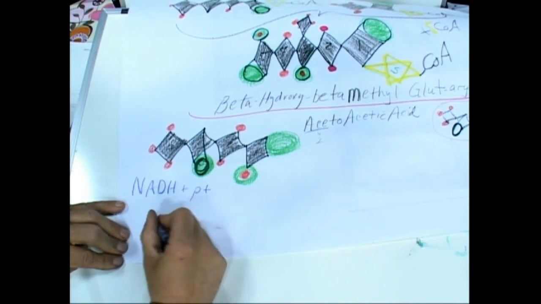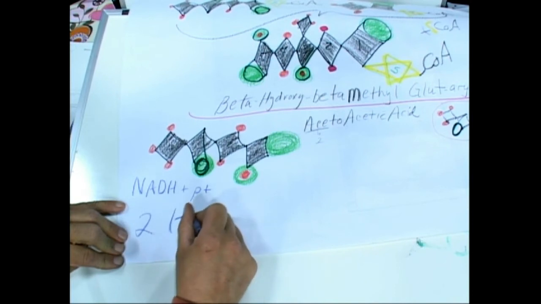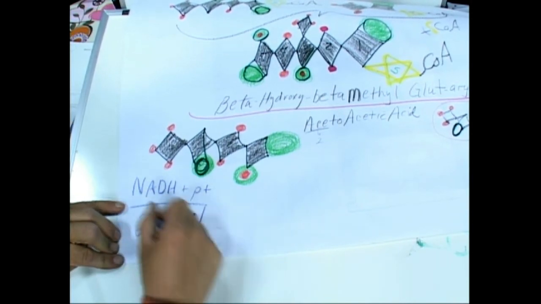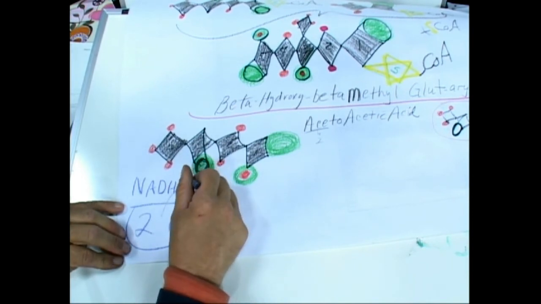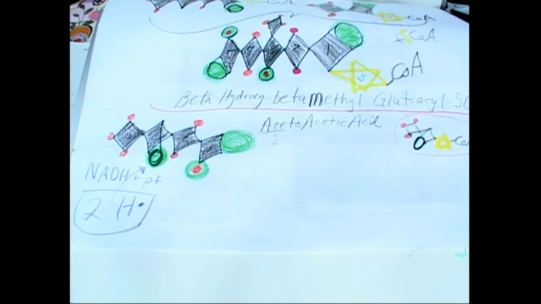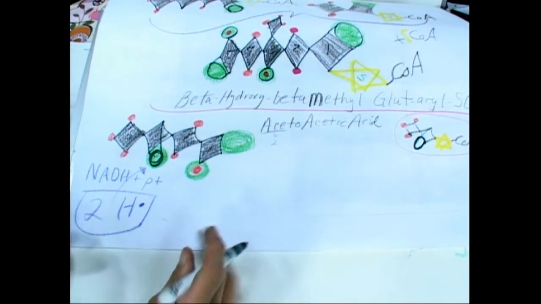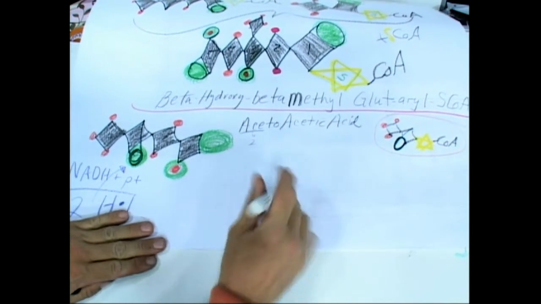What that's going to provide is 2 full hydrogen atoms. So we're going to put those onto here somewhere. Where do you think they're going to go? 1, 2, 3, 4. We're back to a 4-carbon molecule here.